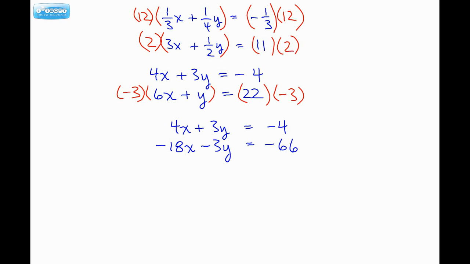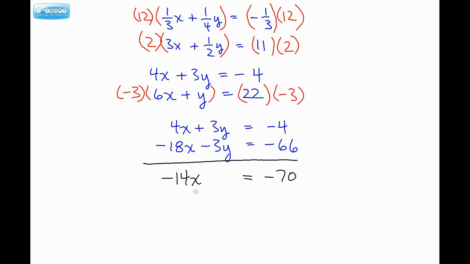Now we can add the equations together, going down. What is 4 plus -18, or 4 minus 18? That's just -14x. 3y plus -3y is just 0, so it's effectively gone. Then we have -4 plus -66, so -4 minus 66, which is -70.